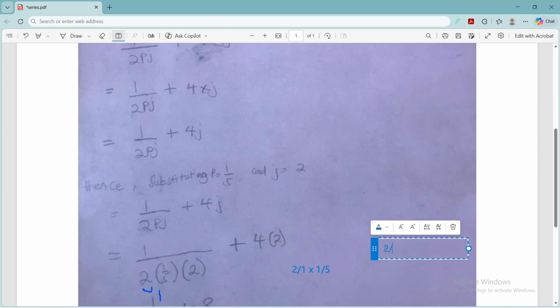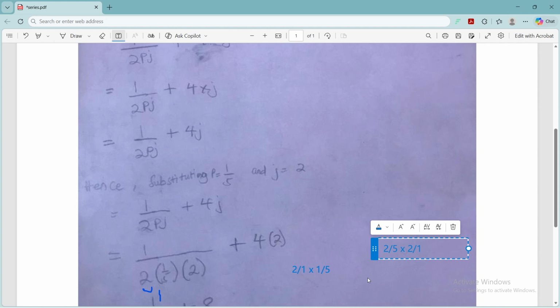Every number is divisible by 1, right? So this 2 here is divisible by 1, so it's going to be 2 over 1, right? So in similar trajectory, the numerators will multiply each other and the denominators too would multiply each other.